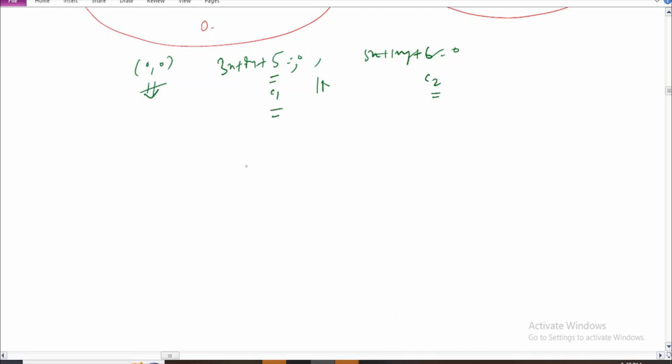Origin containing means the obtuse angle bisector here. (3x + 4y + 5)/5 is equal to plus minus (5x + 12y + 6)/13.